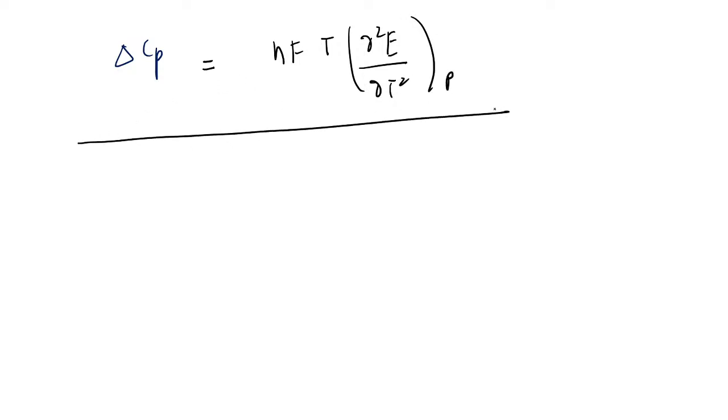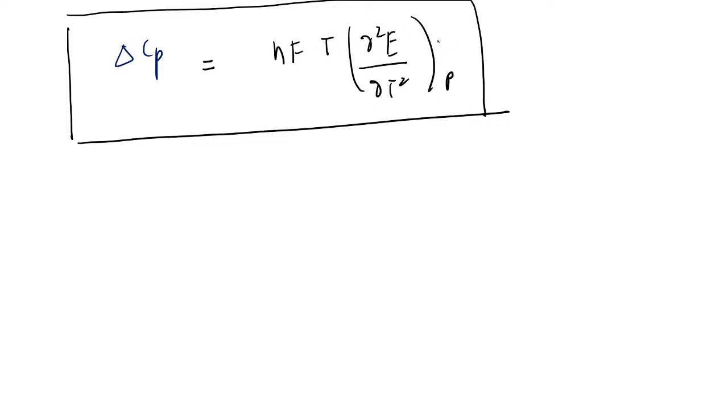Delta Cp is nothing but nFT times del square E by del T square, the double differentiation with respect to temperature. This is important, everyone, just note down this formula. Delta Cp is nFT del square E by del T square at constant pressure.